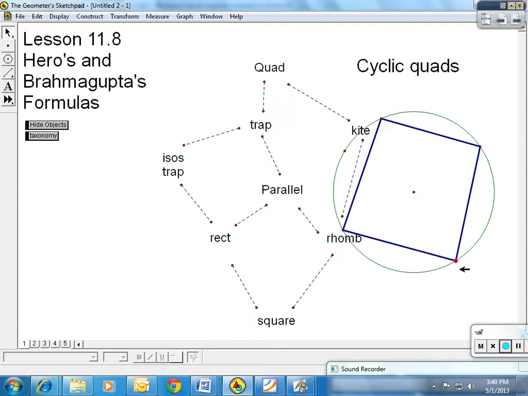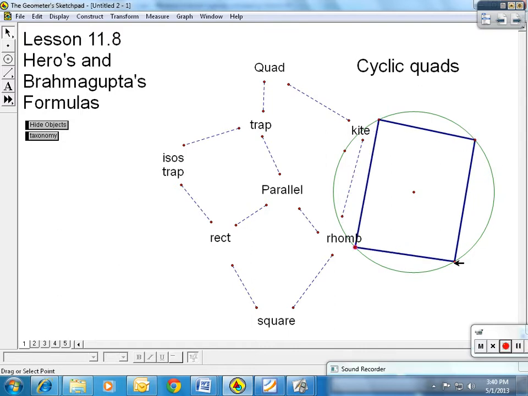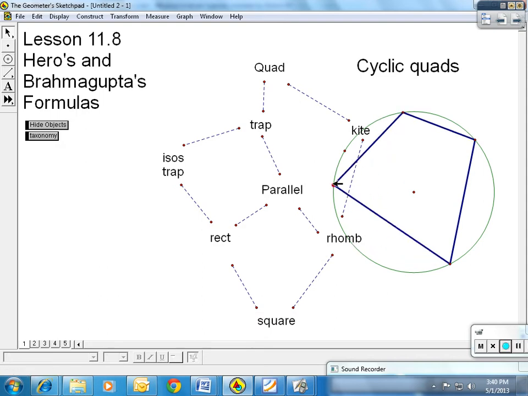In fact, it appears that when I have the parallelogram, this appears to be maybe a rectangle. So we see that a rectangle is one of these. Could I drag this into a square? I could, I think. We could probably get this into a square with a little bit more work. So it appears that a square and a rectangle are cyclic. This general parallelogram is not quite working out for us.